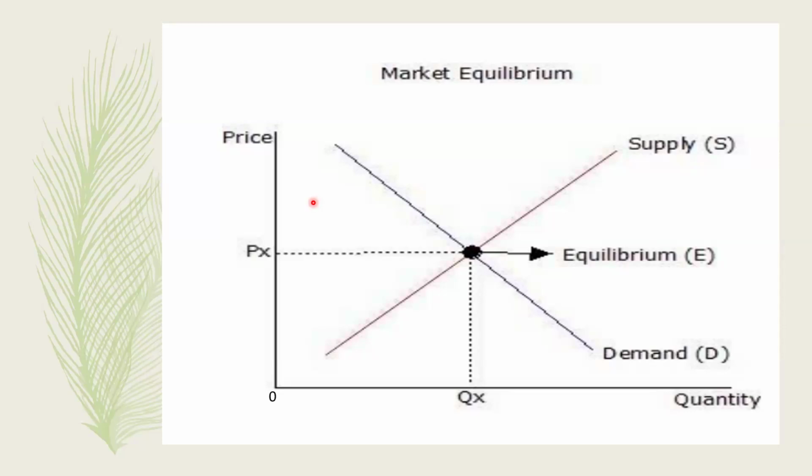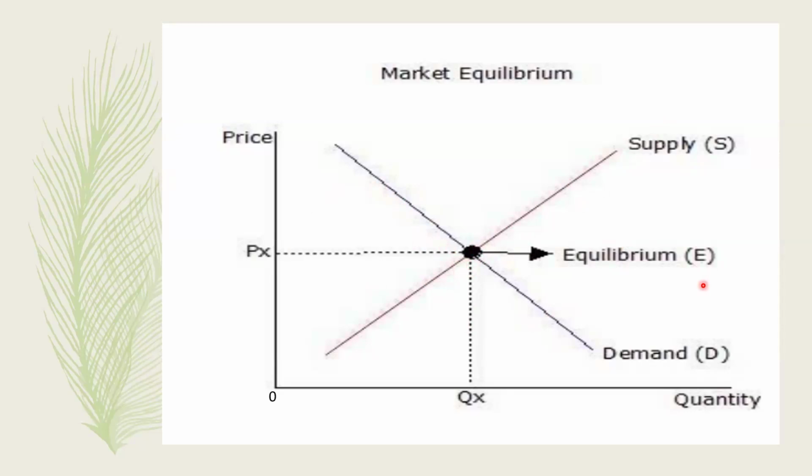So this is the equilibrium diagram we're talking about here. Demand is equal to supply. In the middle is the equilibrium point. And because we're at the equilibrium point, we always will want to focus on that.